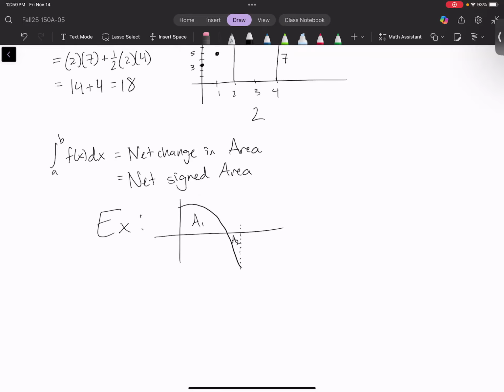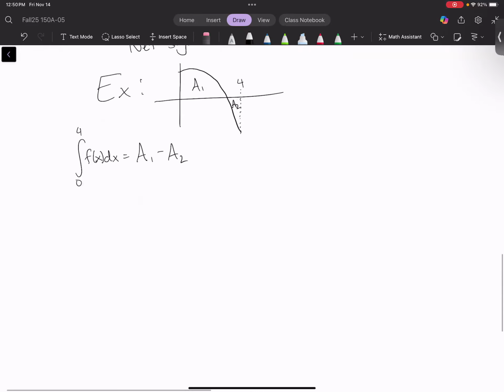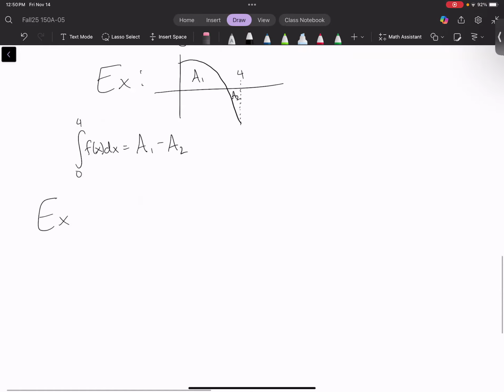But when we do the integral, maybe I'll call this x value 4, the integral 0 to 4 f of x dx is not simply a1 plus a2. It's not all the areas added together. It's a1 minus a2. Area below the x-axis gets subtracted.